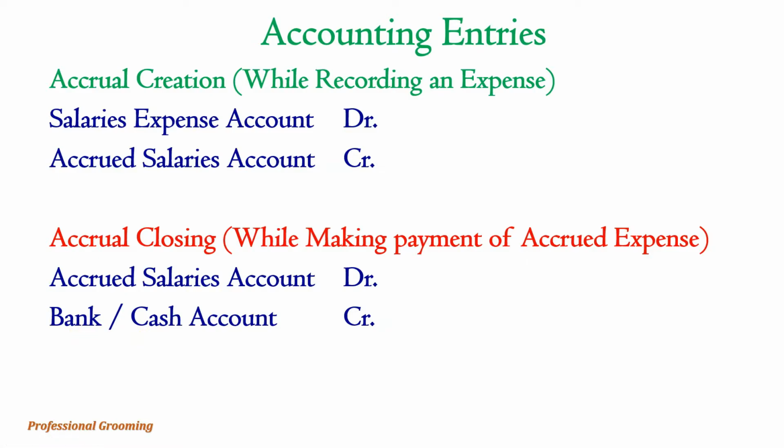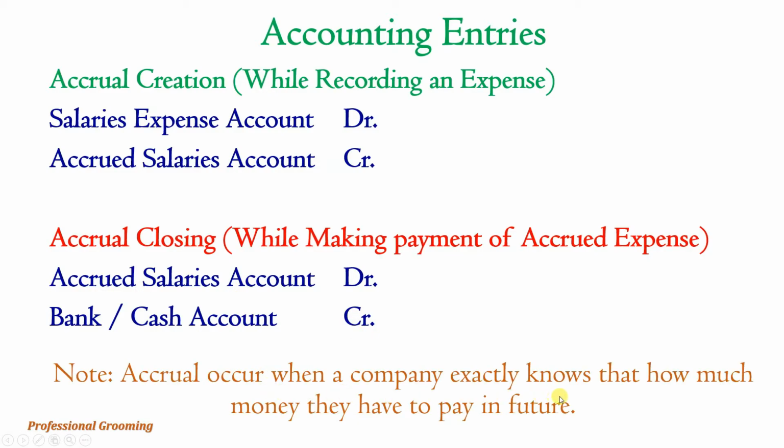Otherwise, if we are paying in cash, we will credit the cash account. Accrual occurs when a company exactly knows how much money they have to pay in future. Like the salary expense was 50,000 and you are paying in February exactly the same amount, 50,000. This is called accrual. This is a key difference between provision and accrual.